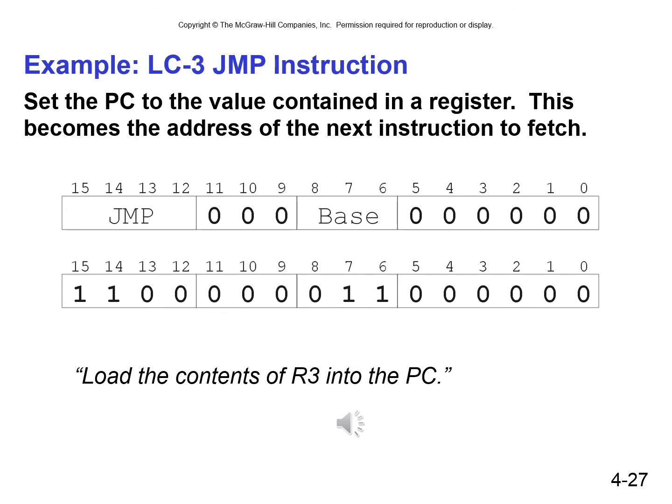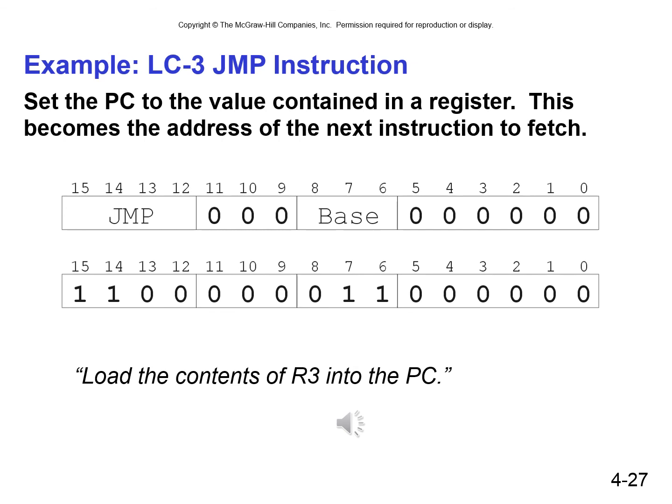So the first thing you need to do is get that address into the register. In this case, it's R3, 011. And we load an address, a full 16-bit binary value, which corresponds to a 4-digit hexadecimal address.